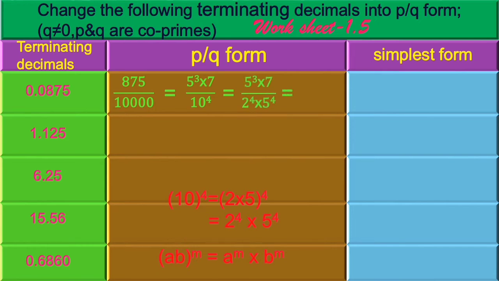By simplifying, we get 7 by 2 power 4 into 5. 2 power 4 means 16. 16 5s are 80. So we get 7 by 80. The decimal expansion 0.0875 converted into p by q form is 7 by 80.